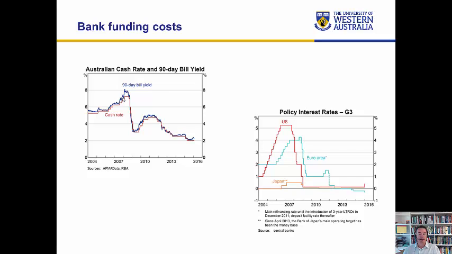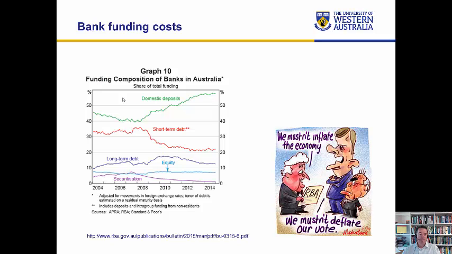If we have a look at this other graph, which has come from an RBA publication, and I've given you the link at the bottom of the slide, that 90-day interest rate is a type of short-term debt. In 2014, short-term debt only accounts for around 22 to 24% of bank funding.